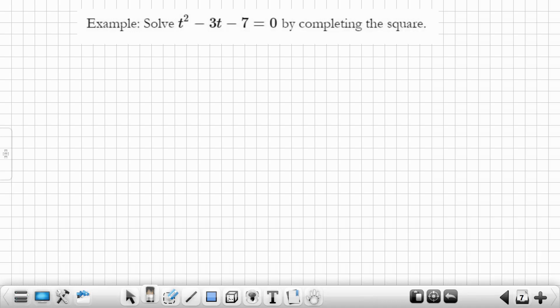So first thing we do is move that constant over. Then we take half of that, which was 7/6, and square it and add it to both sides. What's half of 3? There is no half of 3 because I don't want a decimal, so this is going to become 3/2. If we can't actually do the division, we just leave it as a fraction, unless we can reduce it.